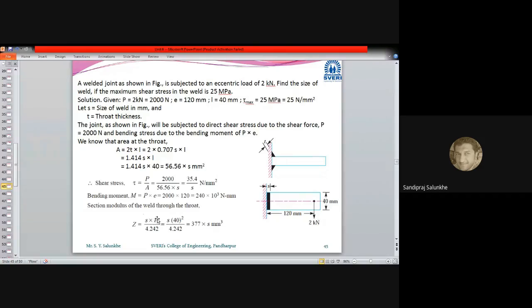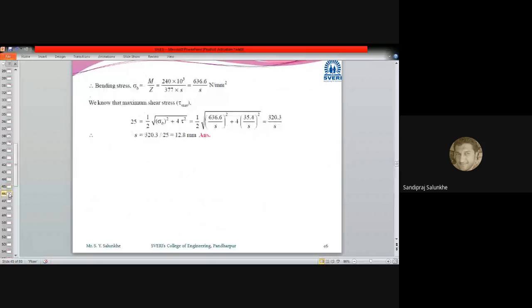Here we have considered S as the thickness of the weld. Putting the value of L as 40, in terms of S it is 377 S millimeter cube, that is the section modulus.